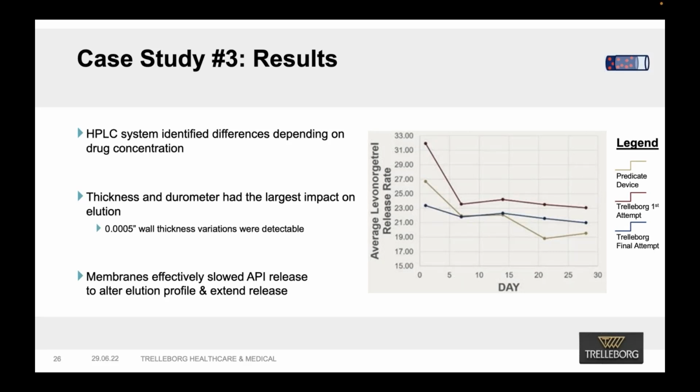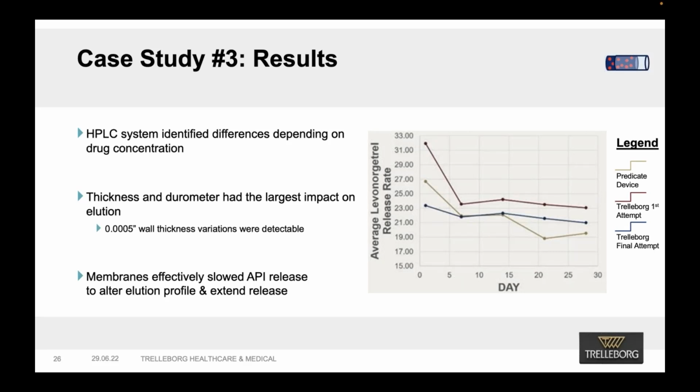If there is the ability to have some variation by about 5/10,000ths of an inch within a membrane, that can actually drive variance in the release rates that you'll see. So it becomes crucial to be able to control down to that level for some of these systems.